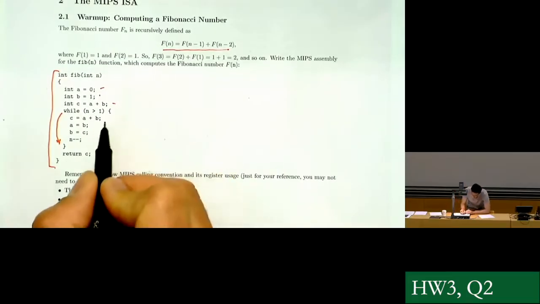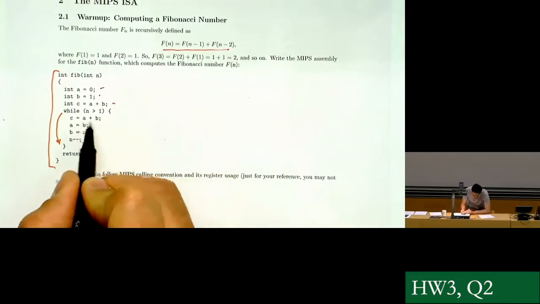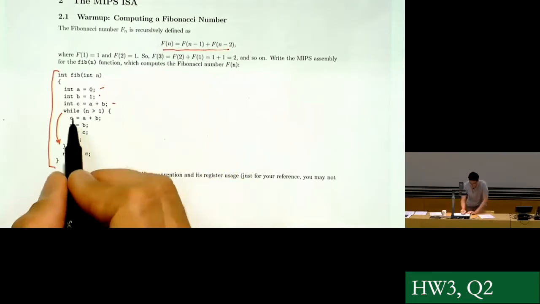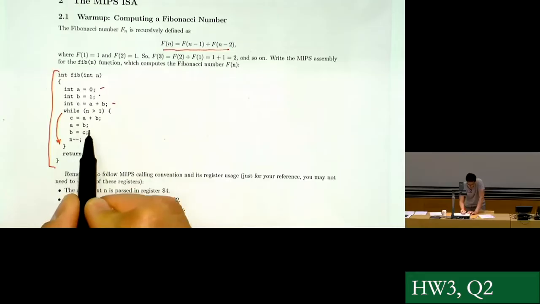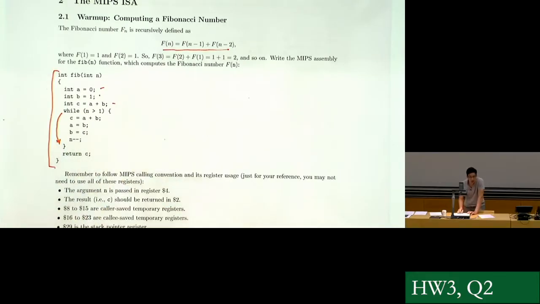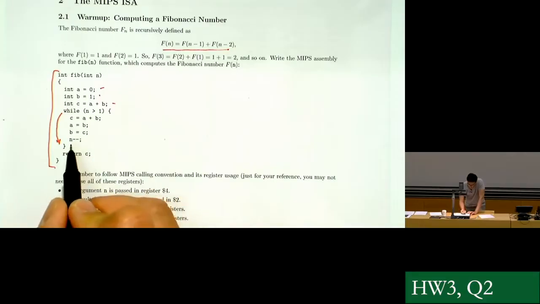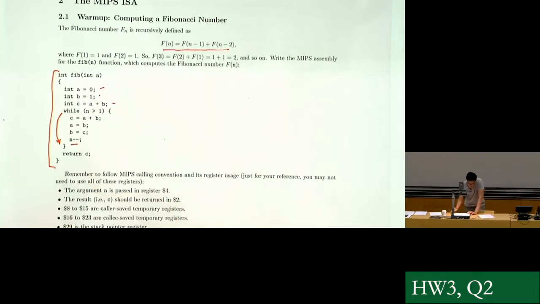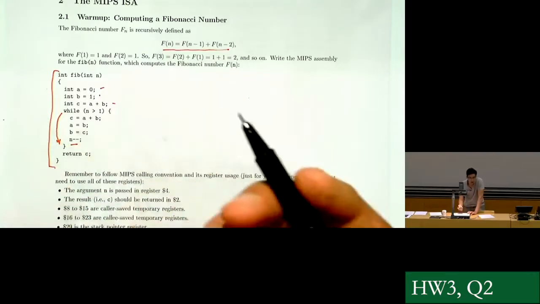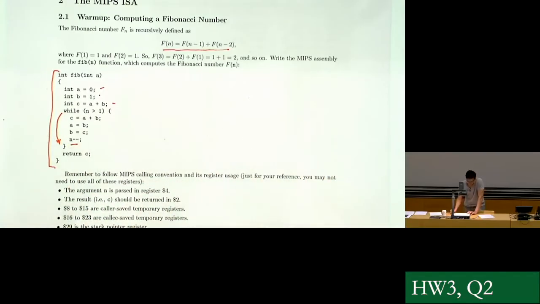In the loop body, we first compute A plus B and store the result in C, and then we store B in A and C in B. Finally, we decrement this counter n, and we repeat the loop while n is greater than 1.